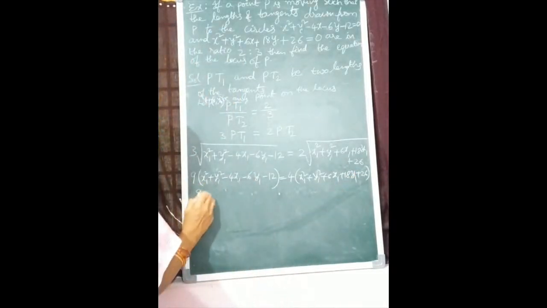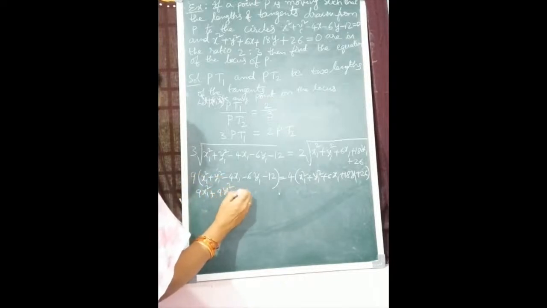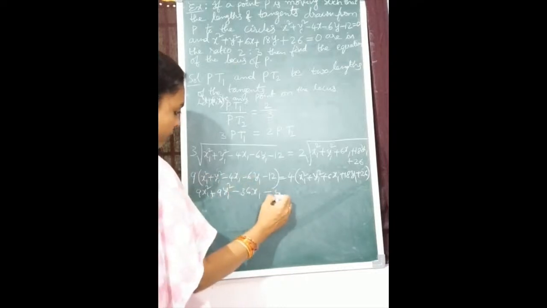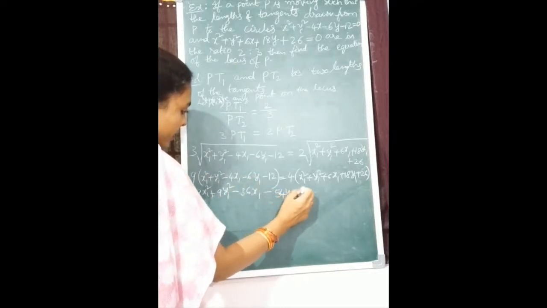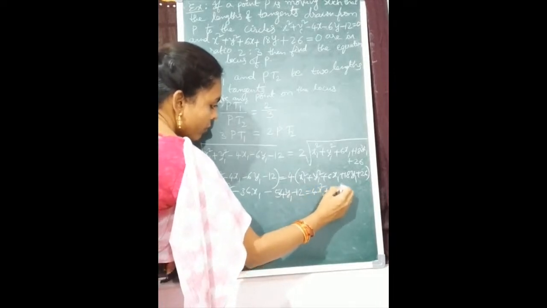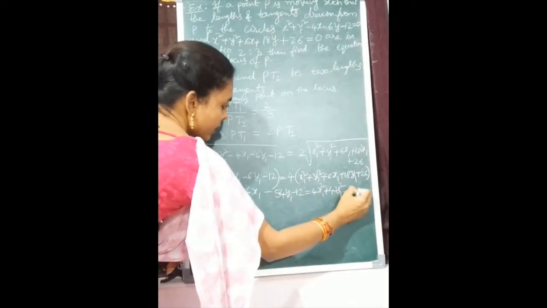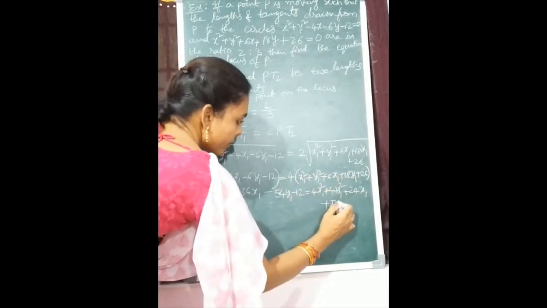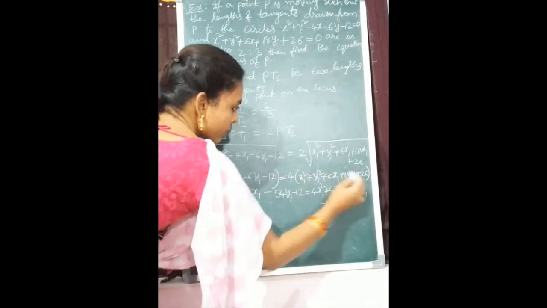Here 9x1 square plus 9y1 square minus 36x1 minus 54y1 minus 108 is equal to 4x1 square plus 4y1 square plus 24x1 minus 72y1 plus 104.